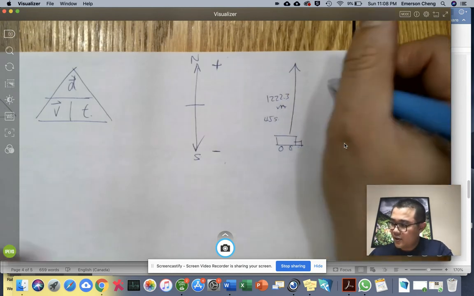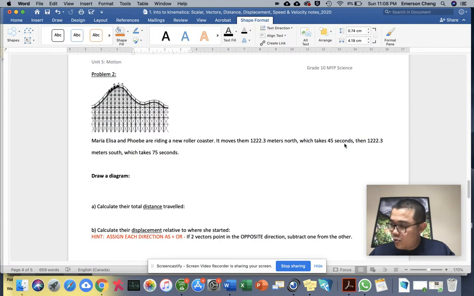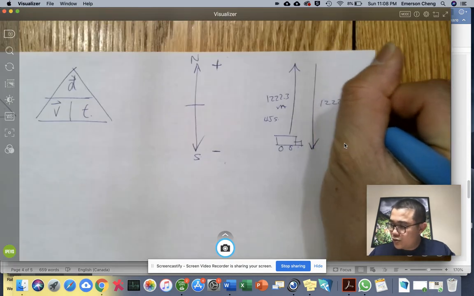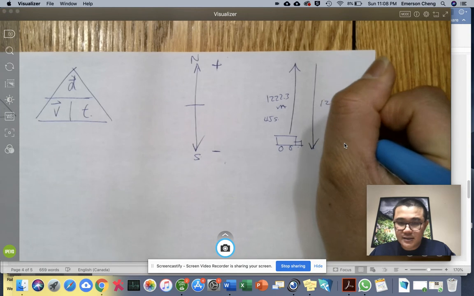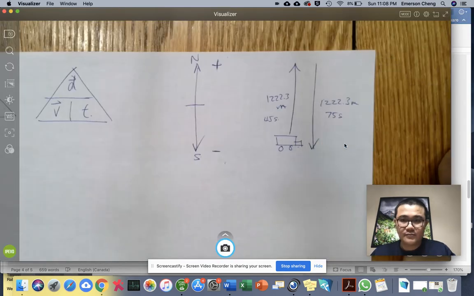I wrote that down here. Then it moved back down to the same spot, 122.3 meters, and this time it took 75 seconds. Okay, so that's the diagram.